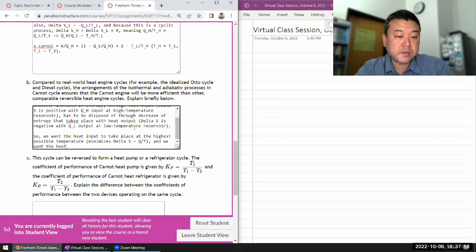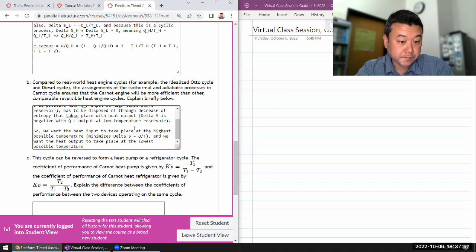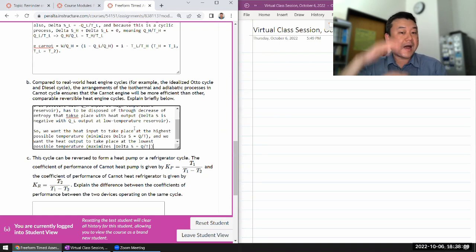And we want the heat output to take place at the lowest possible temperature, which maximizes the absolute value of delta S, Q over T. When this thing is negative, we want its magnitude to be as large as we can make it. That's what we want to make the heat engine as theoretically efficient as possible.